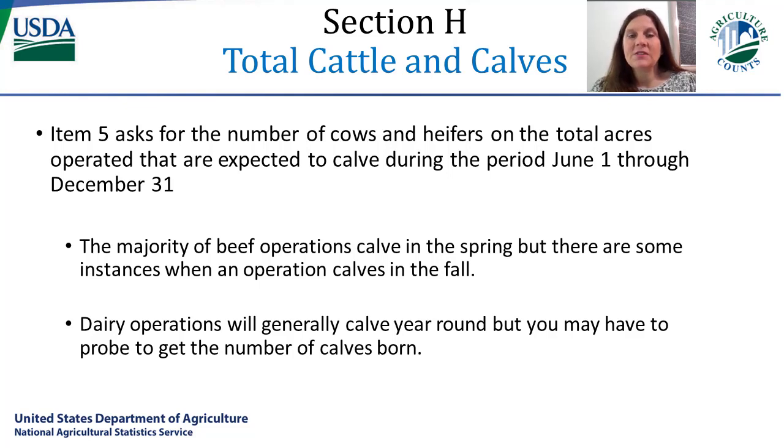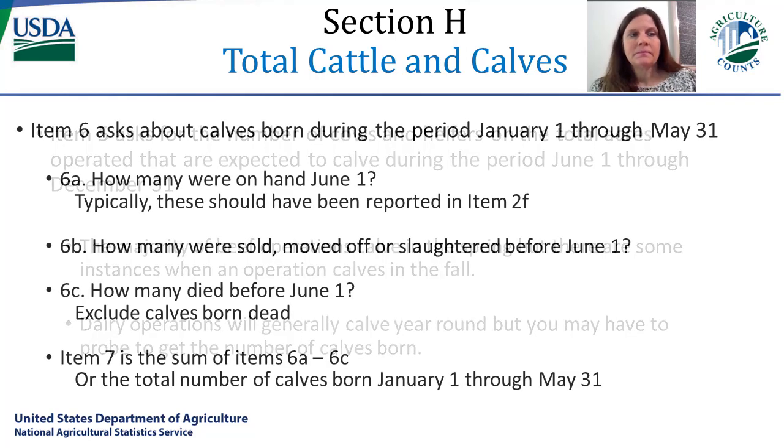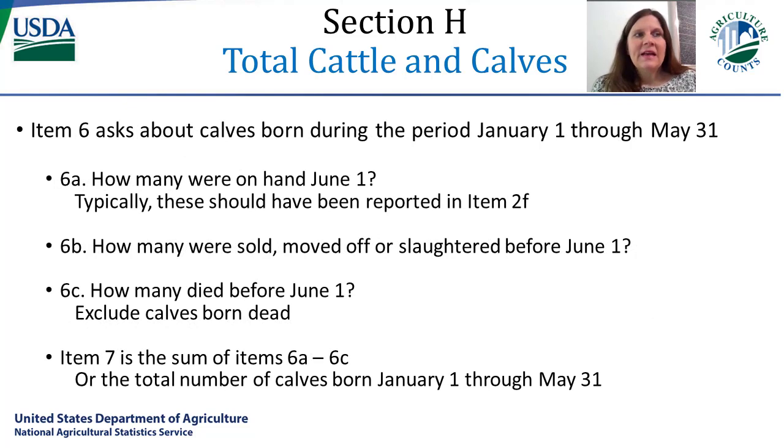Make sure that you watch that. Dairy operations will generally calve year-round, but you will have to probe some dairy operators to get the calf crop on a dairy operation.